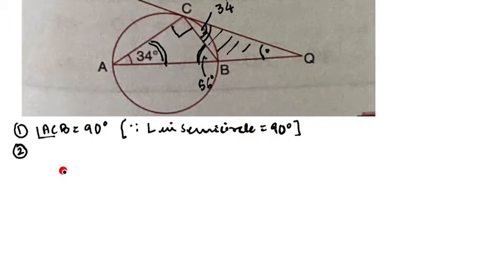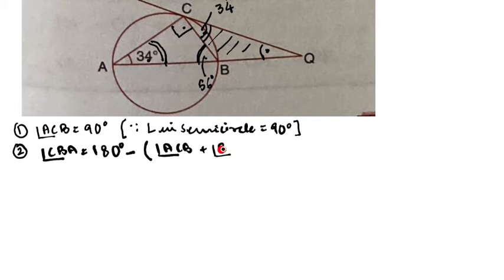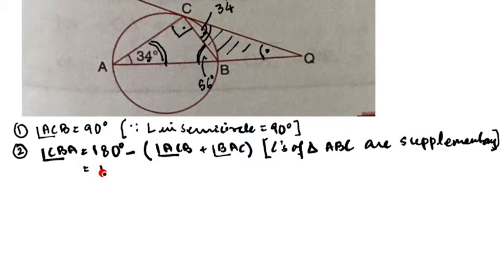Statement number 2, angle CBA is going to be equal to 180 degrees minus angle ACB plus angle BAC, because angles of triangle ABC are supplementary, which is going to give us 180 degrees minus 90 degrees plus 34 degrees, which will give us 90 minus 34, so that will be 56 degrees.